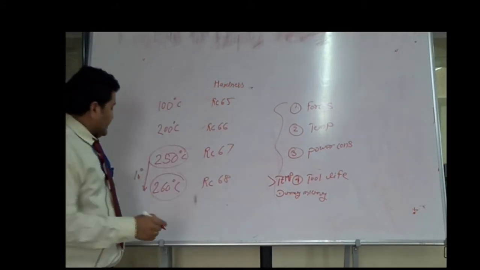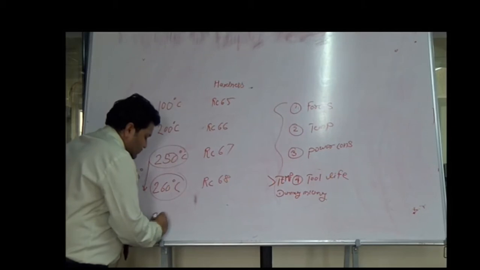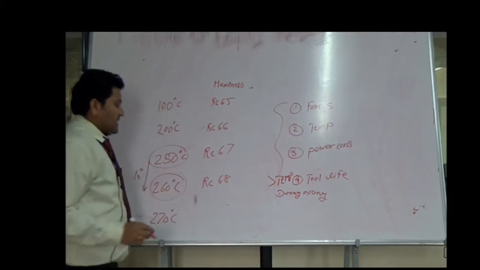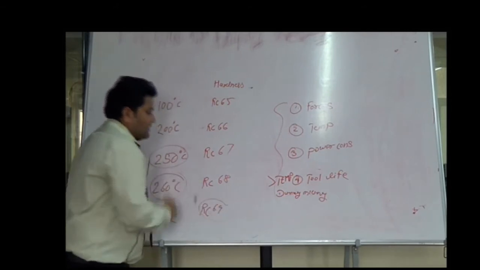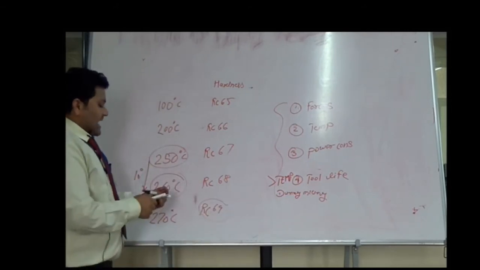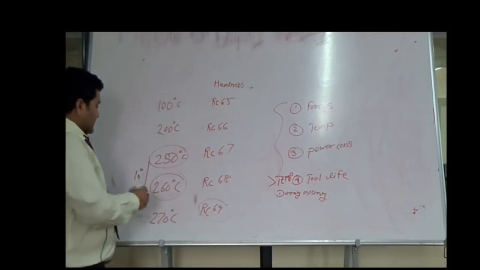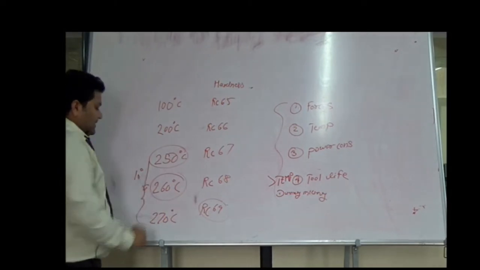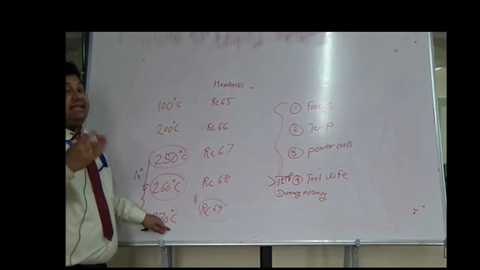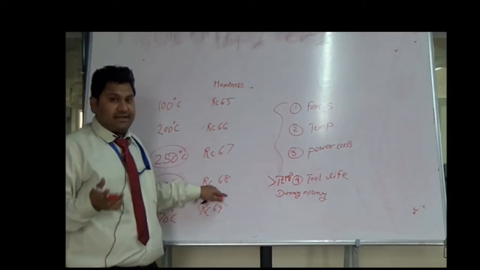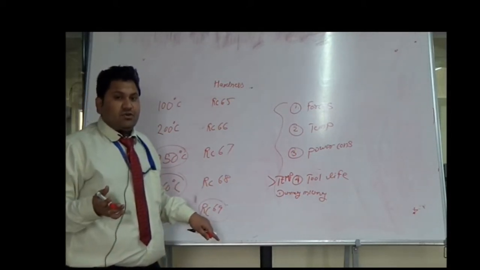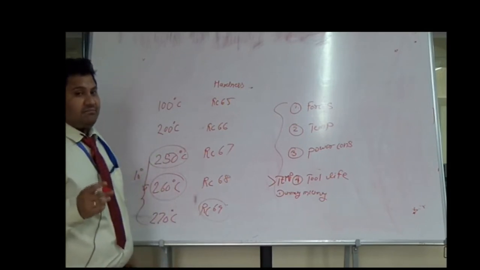Again you increase the temperature slightly to 270 degrees Celsius, and now the hardness number is 69. So at this position, between 260 and 270 degrees Celsius, there is a slight increase in temperature but a considerable change in the hardness of the material. So this is nothing but the hardness temperature of the tool.